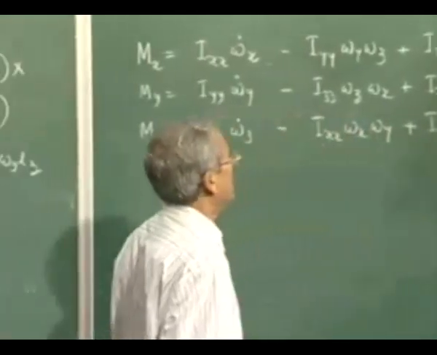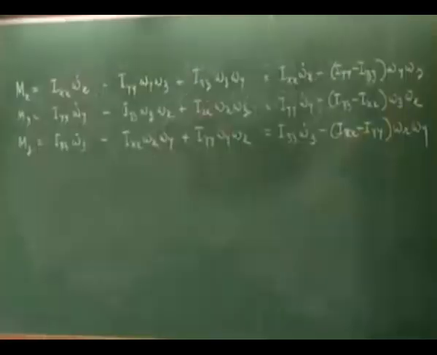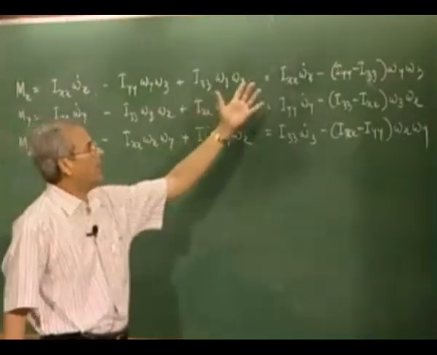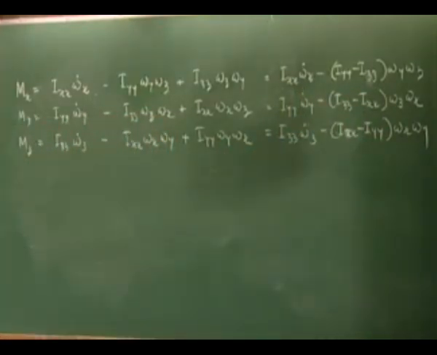So this is the set of equations where the components of the externally applied resultant moment on the body and its kinematic quantities and the inertial properties are related. This set of equations are sometimes called Euler's equations, as it was first derived by Euler.